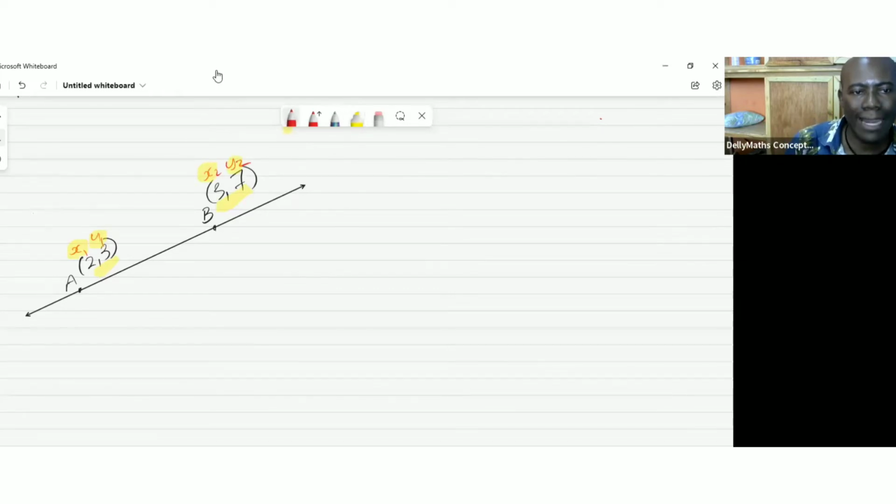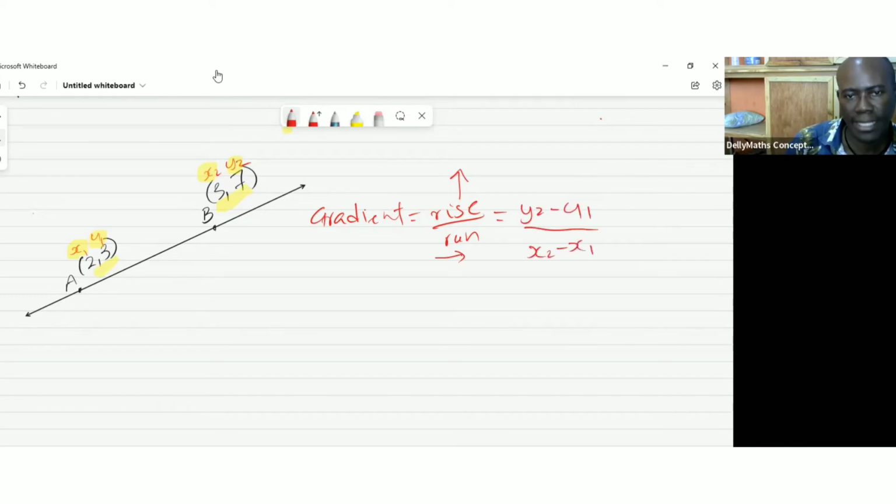Now, remember that you can find the gradient easily by using this rise over run idea. The rise refers to that vertical change, and the run refers to that horizontal change. So this is basically y2 minus y1 for that vertical change over x2 minus x1.